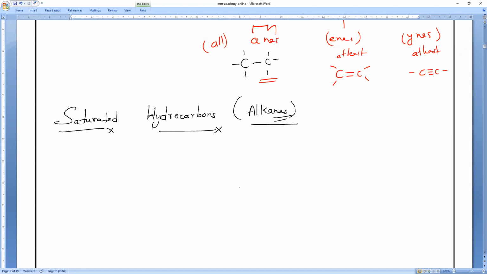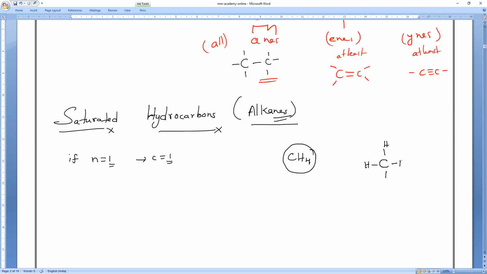Saturated hydrocarbon. So examples are alkanes. And remember, if n equals 1, the number of carbon atoms is 1. The smallest possible hydrocarbon is methane. So methane is the simplest and smallest saturated hydrocarbon. This is the structure of methane.